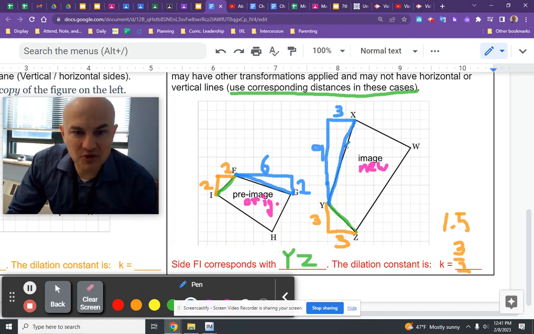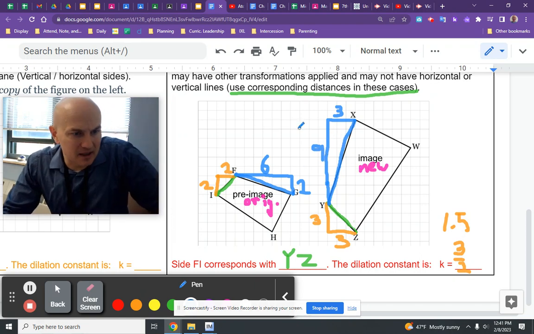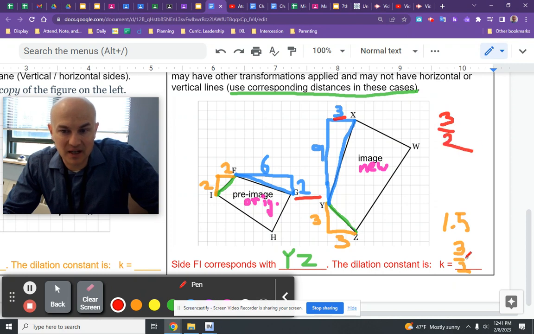Now, these triangles also have corresponding distances that are going to use that same dilation constant. So I can use that same formula. For example, I can take the short side of the triangle here, like the 2, and the short side here, which is 3, and do again 3 over 2. There's the same ratio as I got before. I could have also taken the 9 and the 6, which would be 9 over 6, new distances over old.